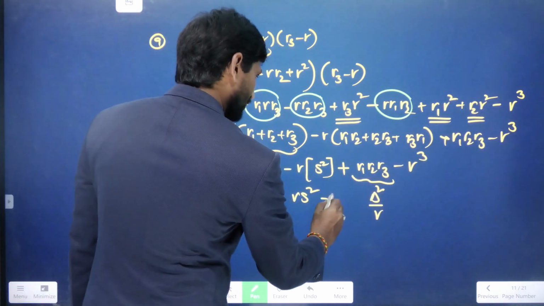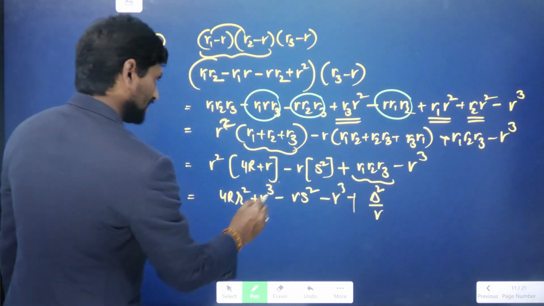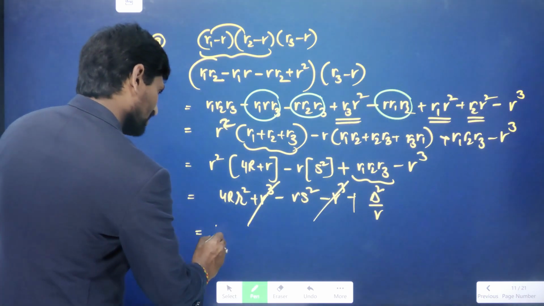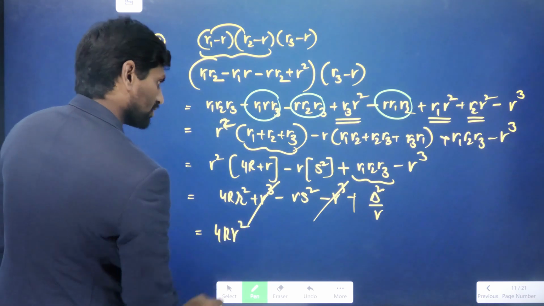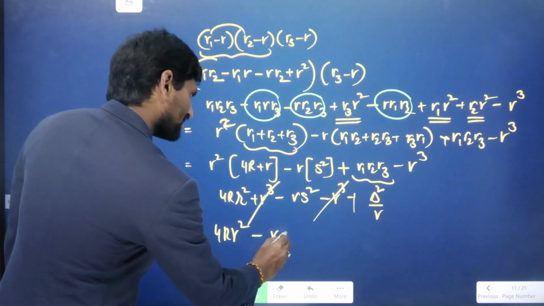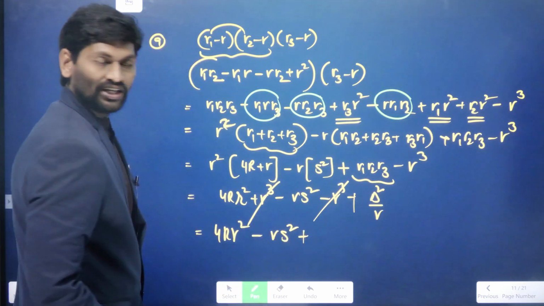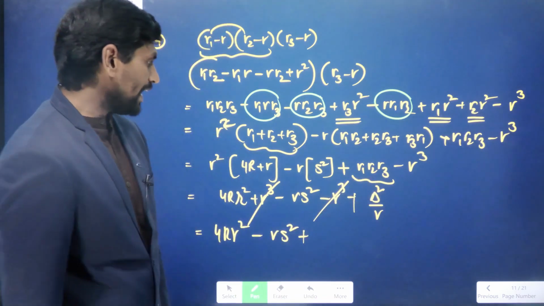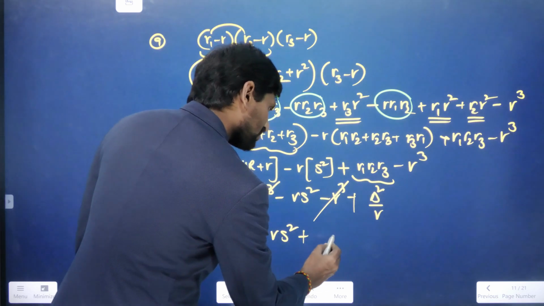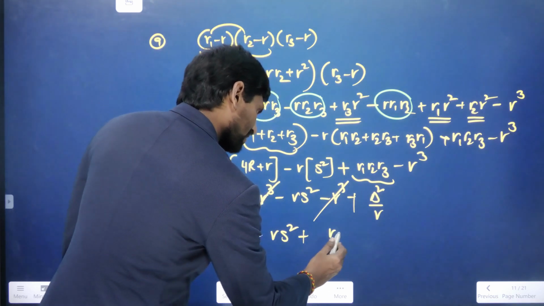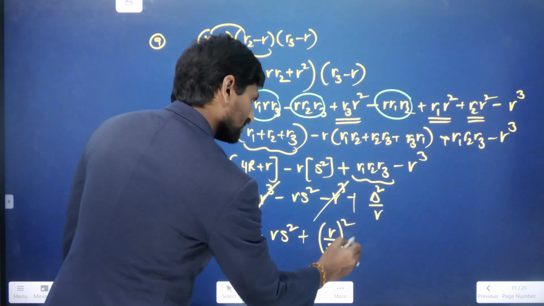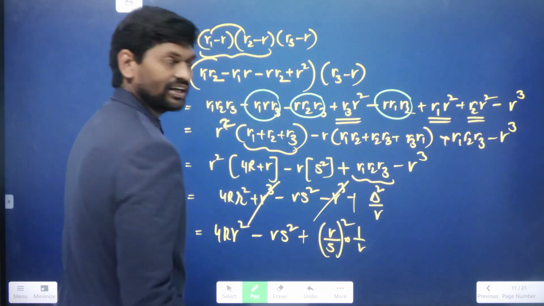The last term is minus r cube, so plus r cube minus r cube cancel. So we have remaining 4R r square minus r S square plus delta square by r. In the place of delta we can write delta equals r into S. So in the place of delta I can write (r S) whole square, and this 1 by r I am going to write as 1 by r.